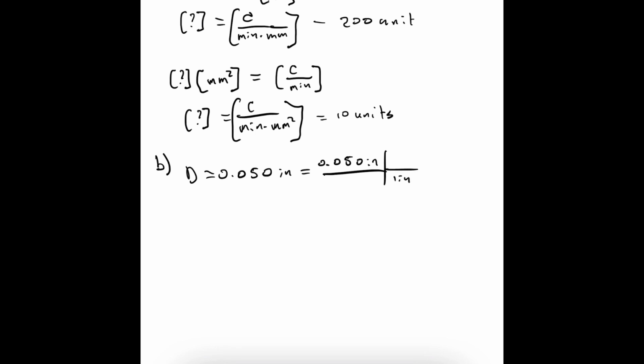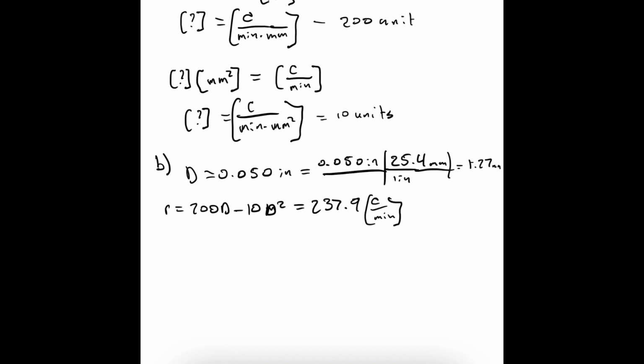1 inch, there are 25.4 millimeters, and this equals 1.27 millimeters. Now we plug that into our function. 200d minus 10 d squared equals 237.9 crystals per minute.